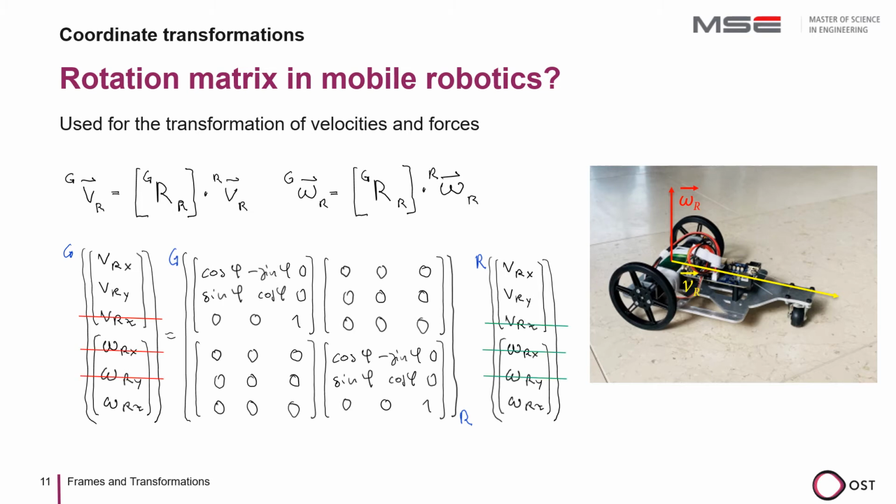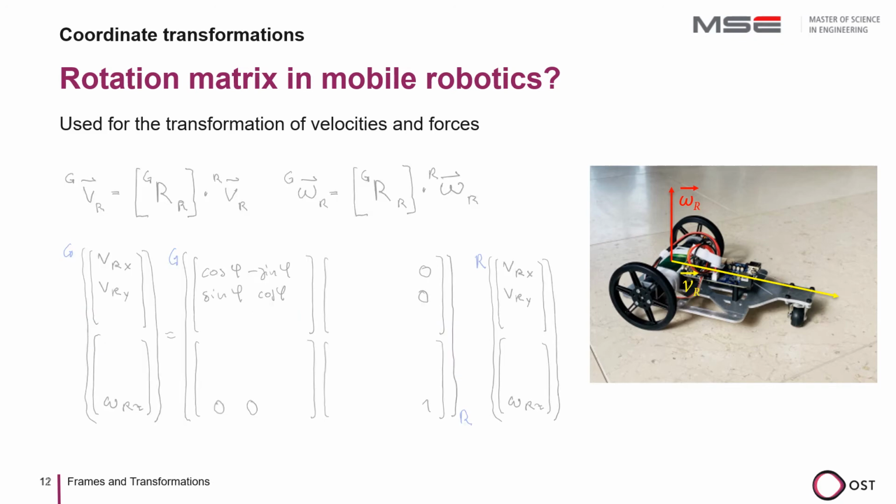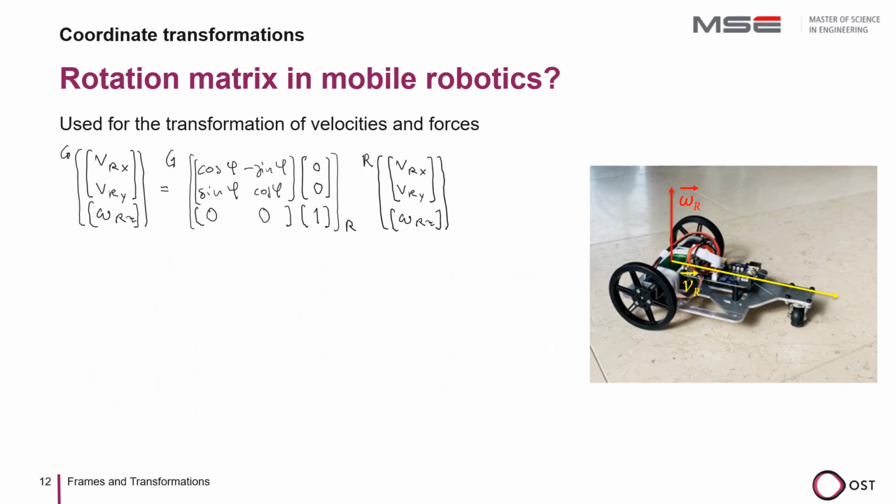This leads to the fact that the corresponding rows and columns of the matrix are obsolete for this special case. Thus, the new matrix is a 3 by 3 matrix, and the physical relationship can be described very compactly with it. Sometimes in mobile robotics it is called a rotation matrix, but this is incorrect.